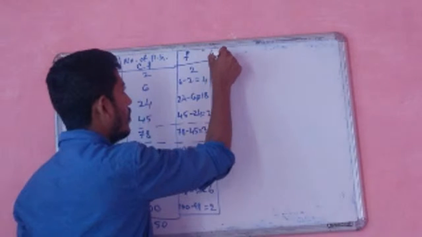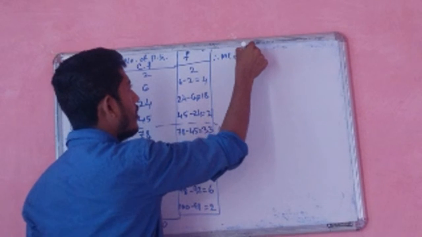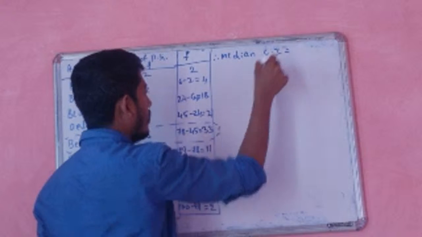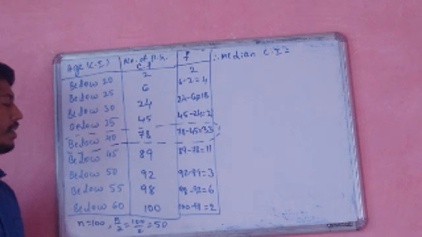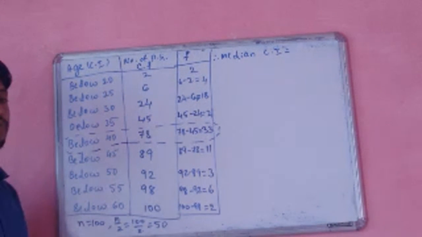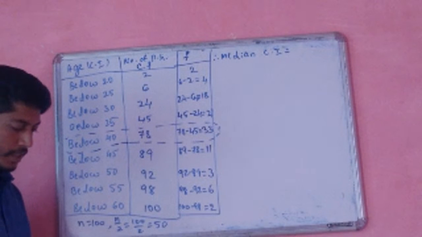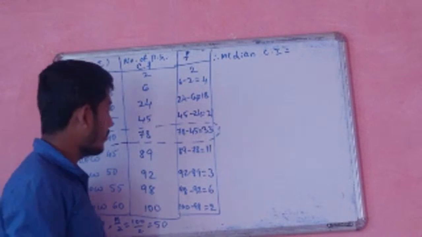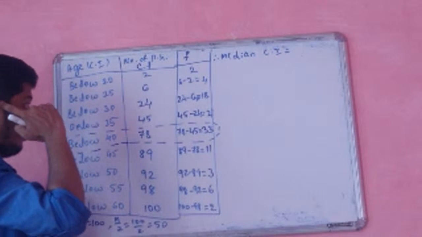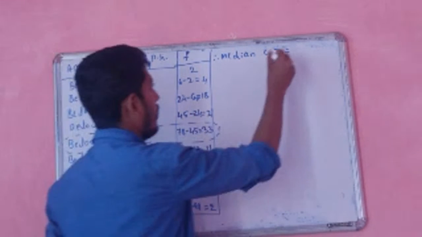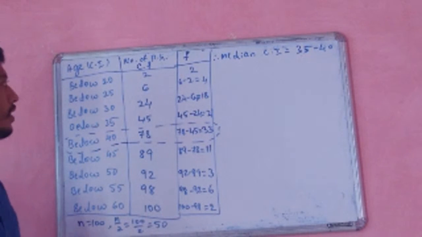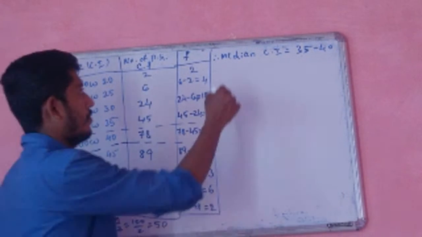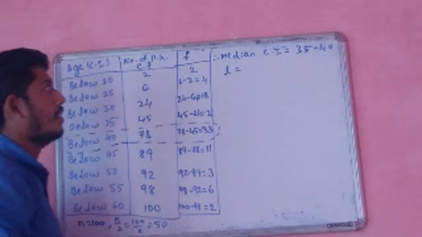Therefore, the median class interval equals below 40. Below 40 means it becomes 35 to 40. Now we have to find the value of L. Why did I consider 35 to 40?